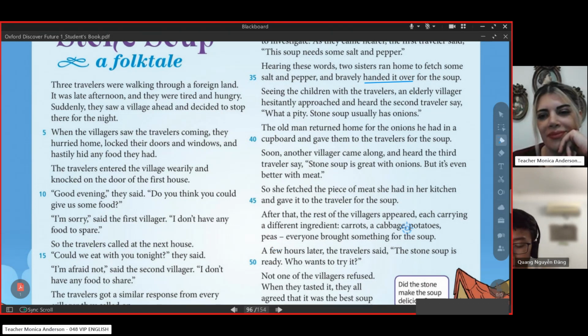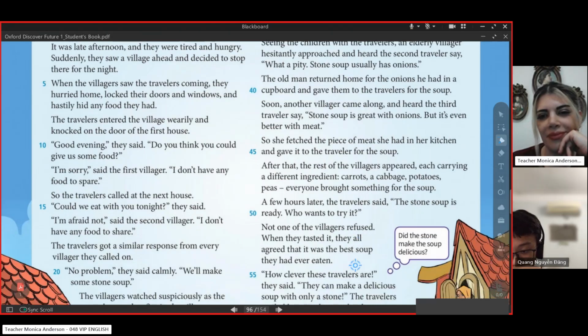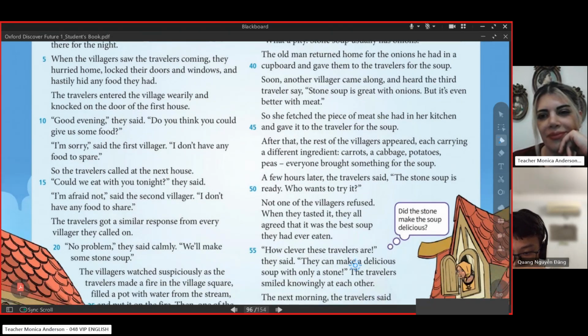After that, the rest of the villagers appeared, each carrying a different ingredient: carrots, a cabbage, potatoes, peas. Everyone brought something for the soup. A few hours later, the travelers said, "The stone soup is ready. Who wants to try it?"